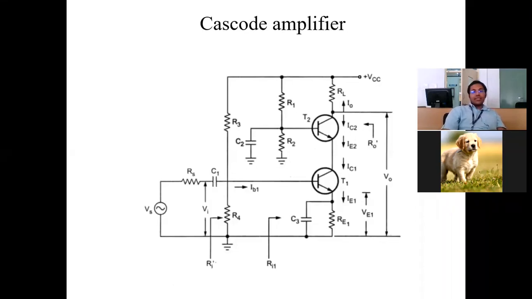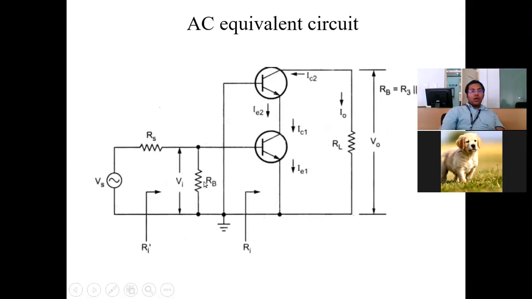Yes, because AC equivalent means the DC component you will consider as 0. So here you will consider it as ground, meaning R4 will also start from this point and go to ground. R3 will also start from this point and go to ground. So R4 and R3 are in parallel.